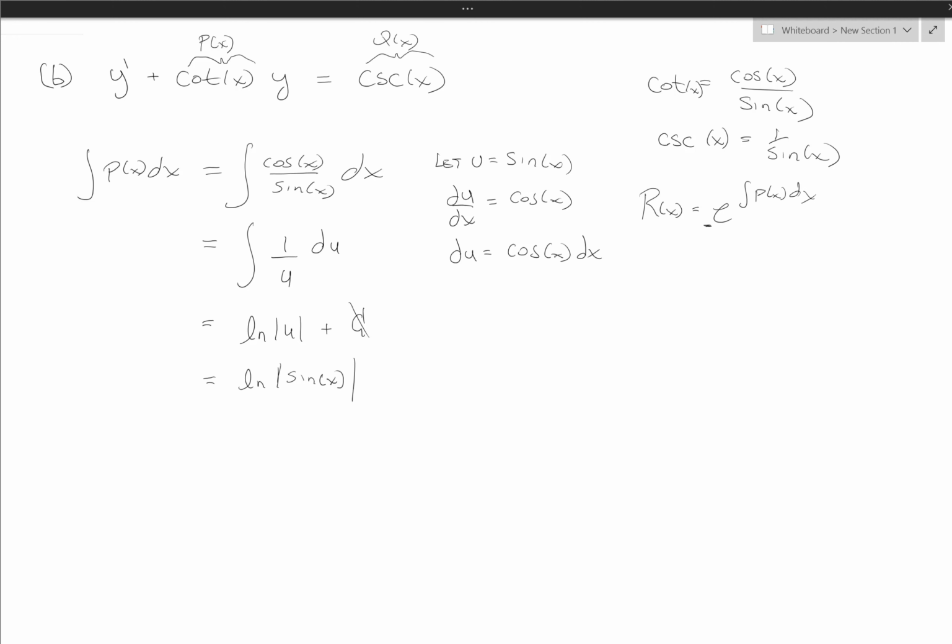Okay, but r of x is e to the exponent. So r of x then becomes, it's e to the exponent of px dx, which is e to the ln, remember it's base e, of sine x. So this whole expression, ln of sine x equals something, right? Equals box.